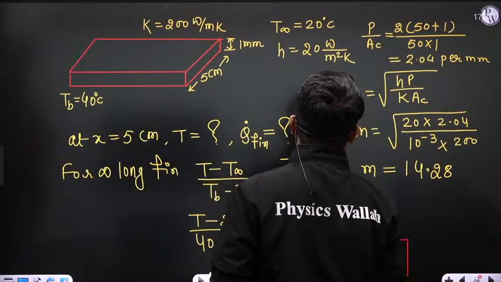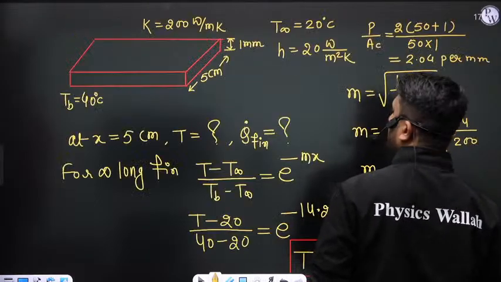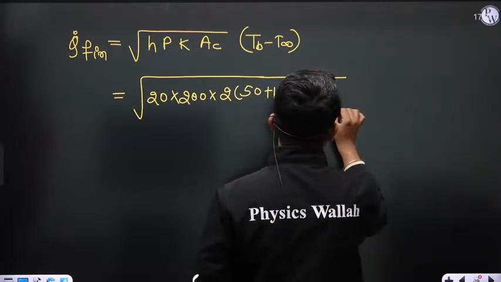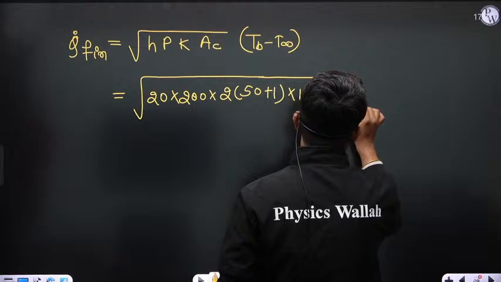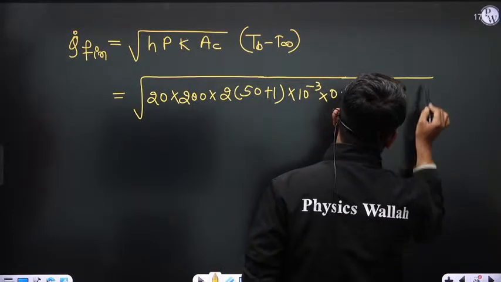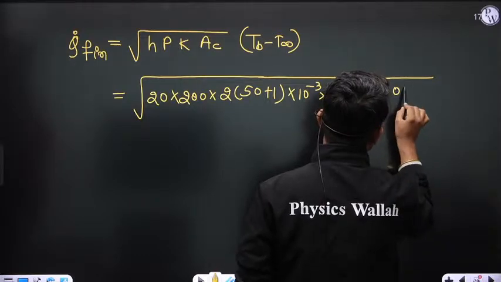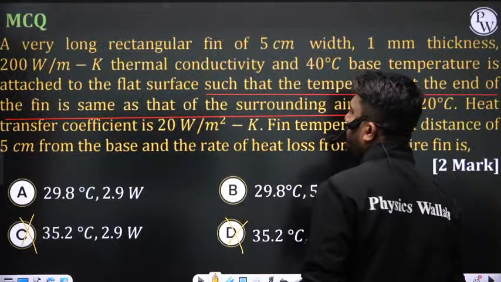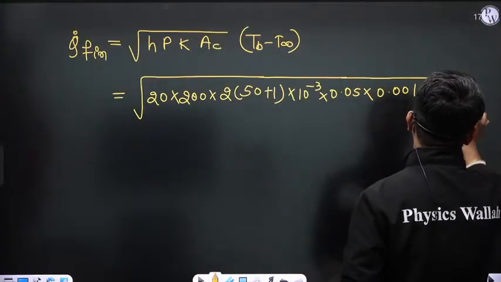AC is 0.05 into 0.001, into (TB minus T infinity), so 40 minus 20, it is 20.